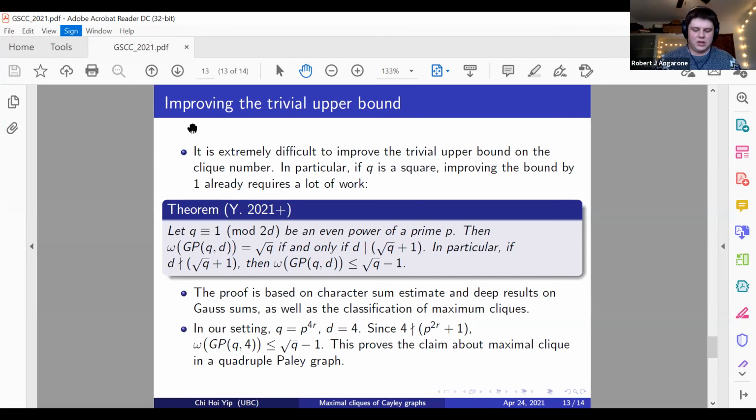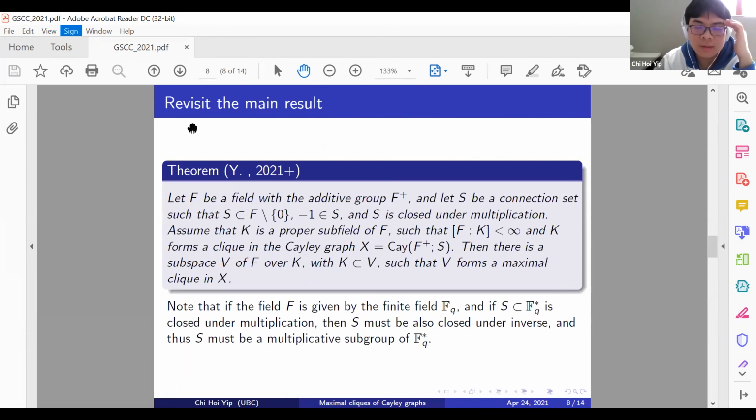I was wondering if you could comment more on the algebraic meaning of something being a maximal clique. Is it always a subfield in the case where we're doing the Cayley graph of a field? No. There are many different maximal cliques.